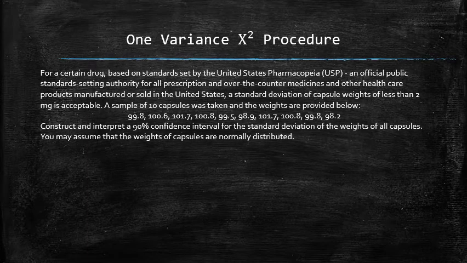For a certain drug, based on standards set by the agency, a standard deviation of capsule weights of less than 2 milligrams is acceptable. A sample of 10 capsules was taken and the weights are provided below. Construct and interpret a 90% confidence interval for the standard deviation of the weights of all capsules. You may assume that the weights of capsules are normally distributed.